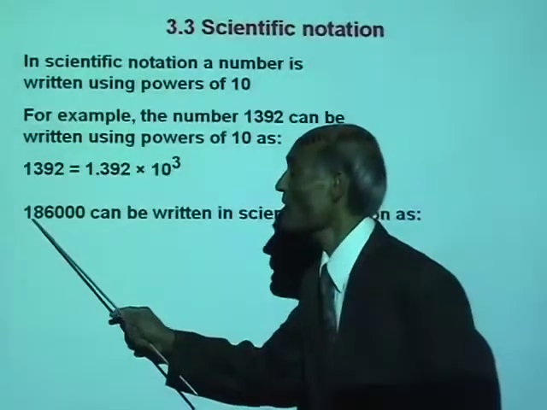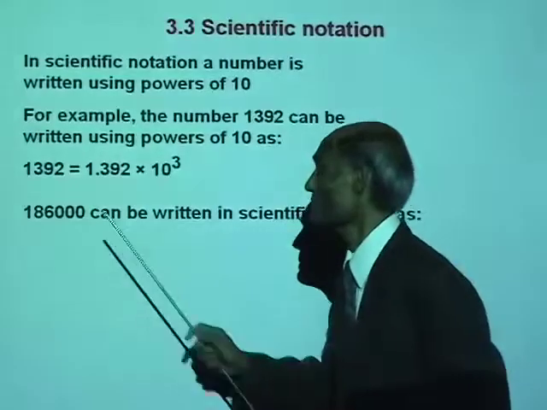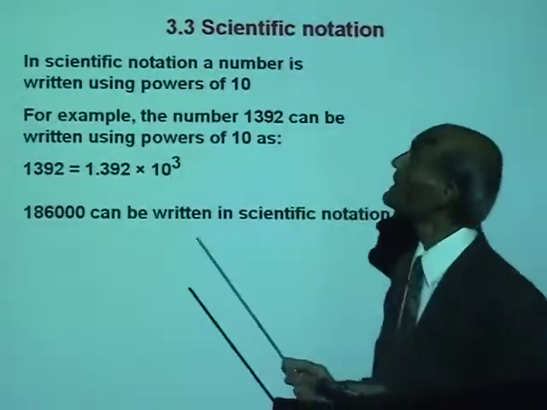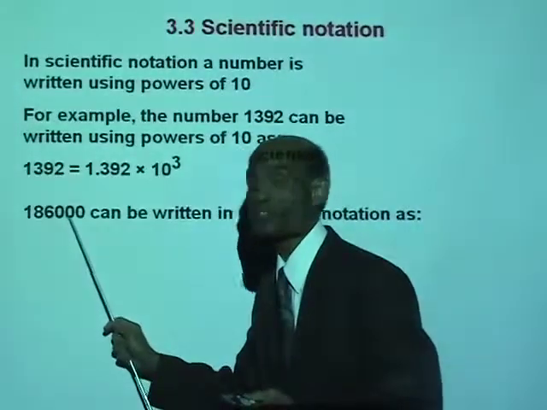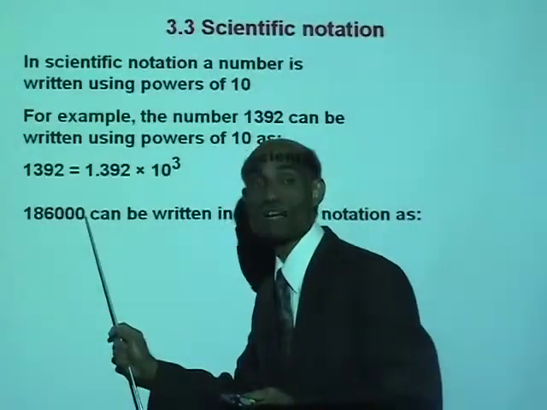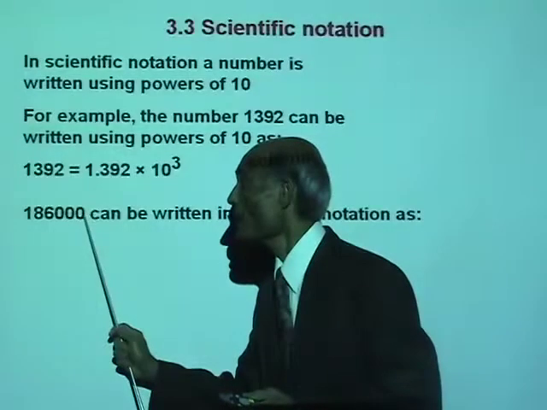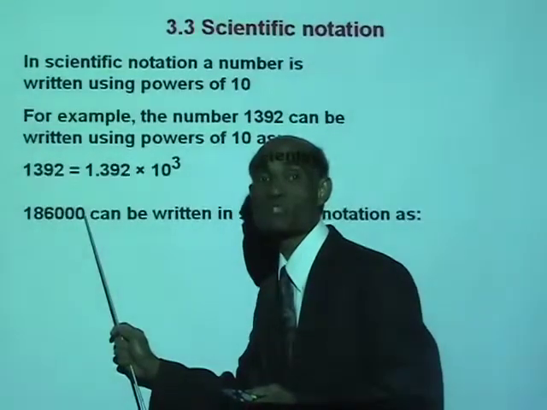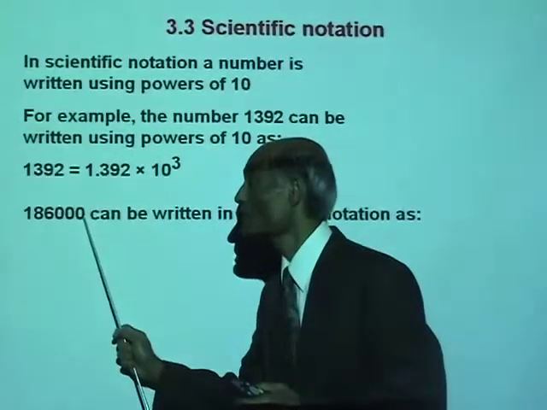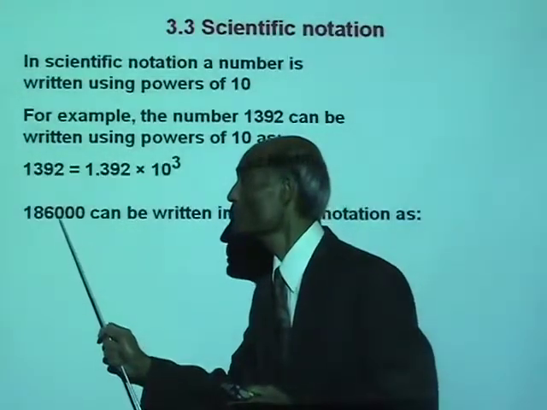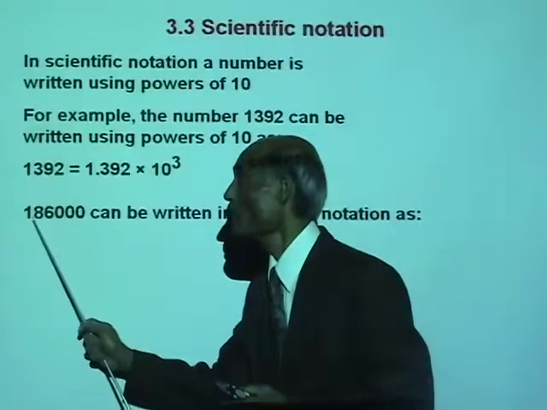Can you write 186,000? Can you write it in scientific notation? 186,000. The decimal is at the very end. Now, in order to write this in scientific notation, you need to move that decimal to the left. 1, 2, 3, 4, 5.